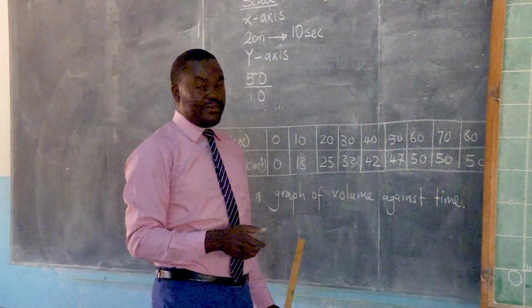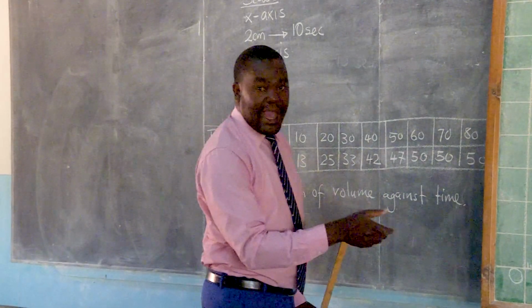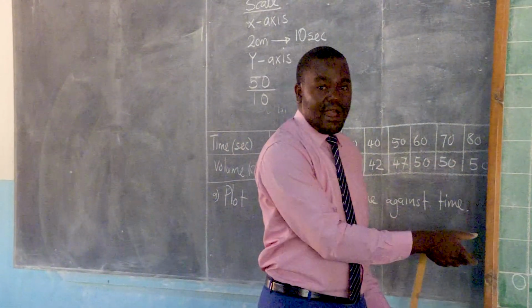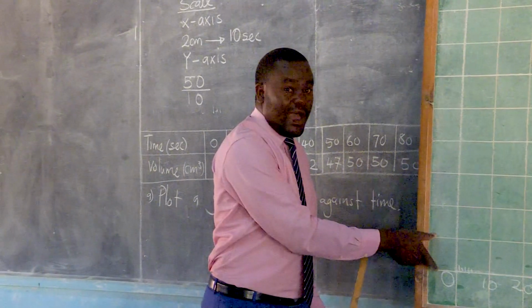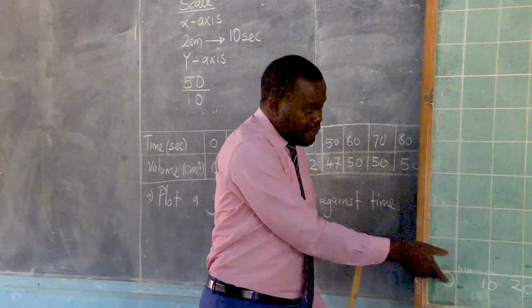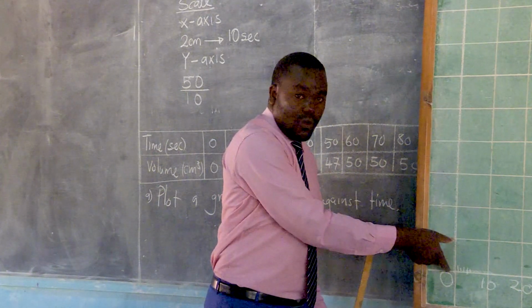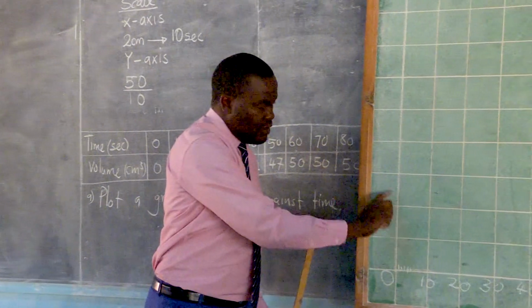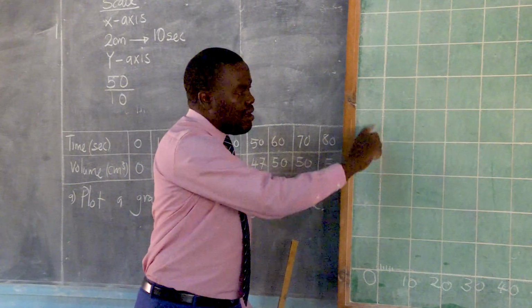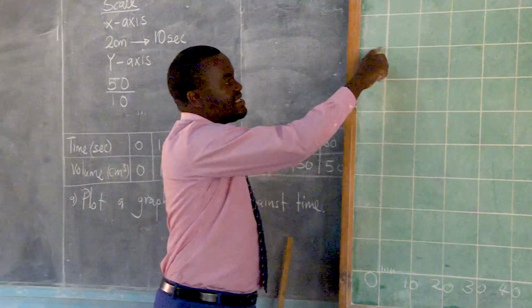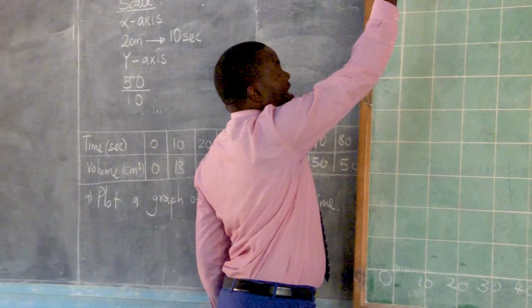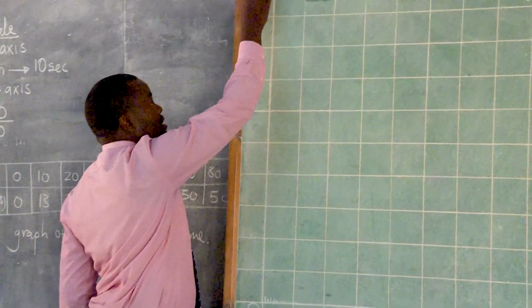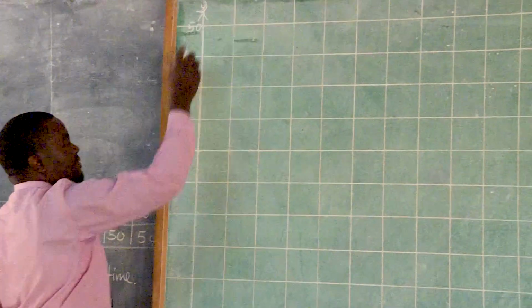What it means is we are going to count from our graph, from there, 1, 2, 3, 4, 5, 6, 7, 8, 9, 10. So we are ending there, and this is where we are putting our 50.